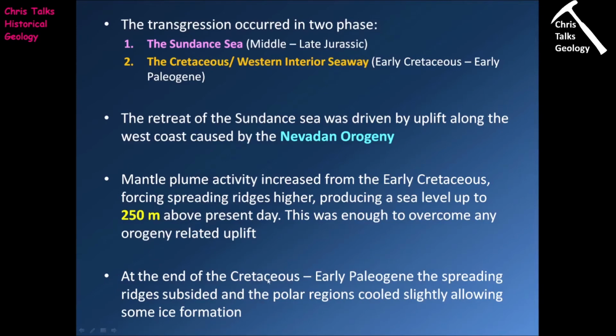Now, at the end of the Cretaceous going into the early Paleogene, the spreading ridges begin to subside, so the amount of magma trapped under the ridges begins to drop. And this, of course, means that the spreading ridges begin to decrease in height. That means essentially the seawater is now being allowed to move back into the ocean basins, and we see the Zuni transgression retreating.